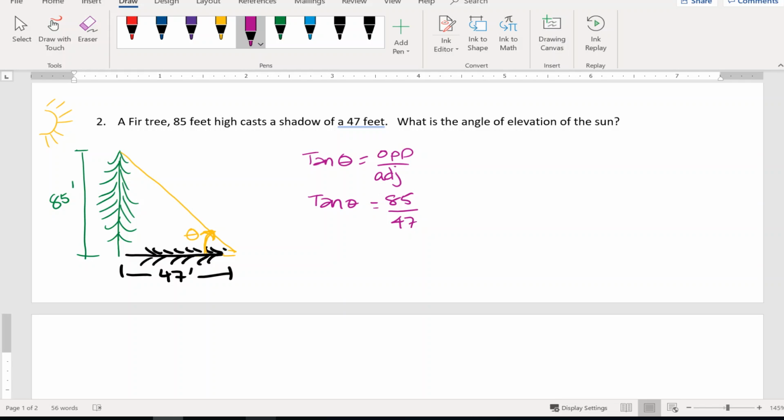Now, what we don't have is the angle, which means we have to use the tan inverse. So theta is equal to the tan inverse of 85 over 47. And if we work that out on our calculators, we should get theta is equal to 61 degrees. So the angle of elevation to the sun is 61 degrees.